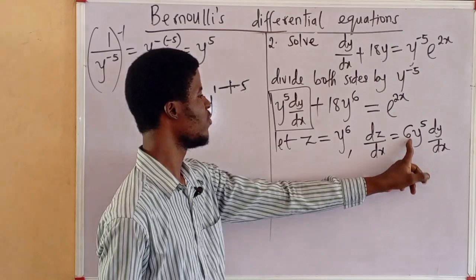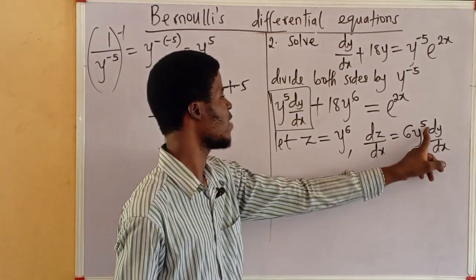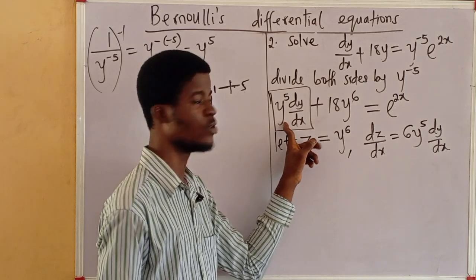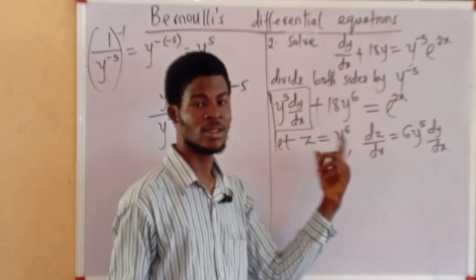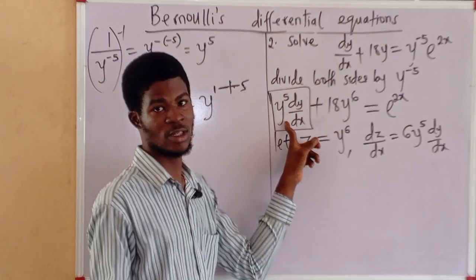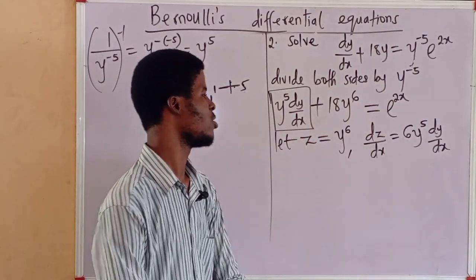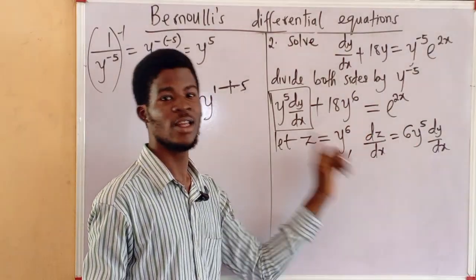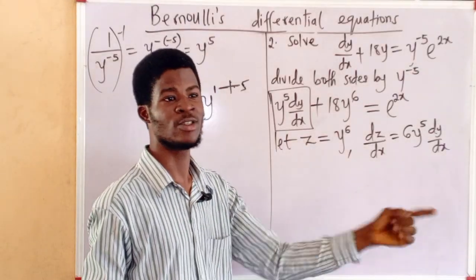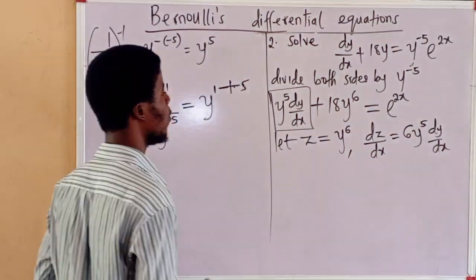It's either I remove this 6 from here, so that I'll be having y to the power of 5 dy/dx, which is equivalent to this, or I will leave the 6 here and multiply through by 6, so that this one will now contain 6 as well. So what I want to do is multiply through by 6, because if I divide both sides by 6, later I will still multiply through by 6 to remove that 6 from the bottom. So let me just multiply through by 6 once and for all.